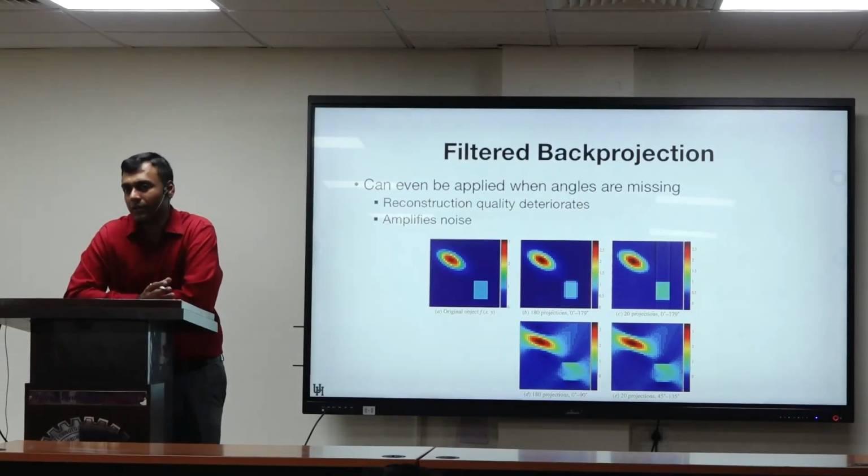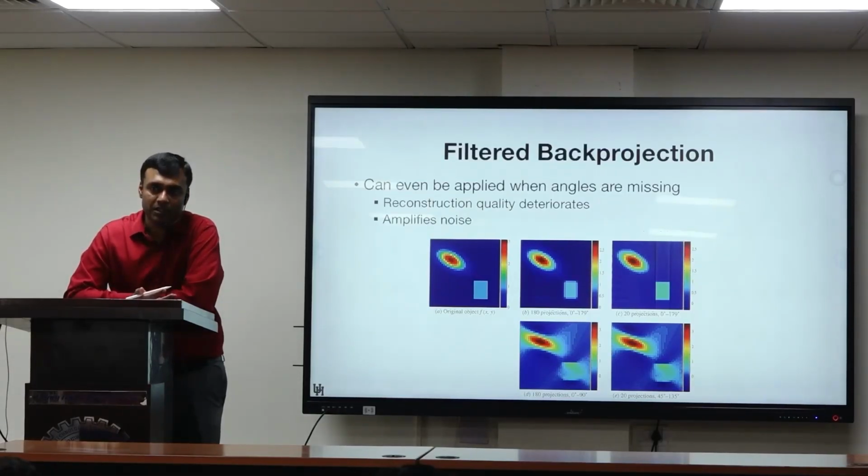The question is how close you will get to the real one. It's like some kind of interpolation, just like you could do linear interpolation or other kinds of things. In a particular scenario, depending on your model for the measurement and model for the object, you could have different answers which are reasonable. They are reasonable estimates. It will come close, is what we are saying. It's still not perfect, but it will come close.